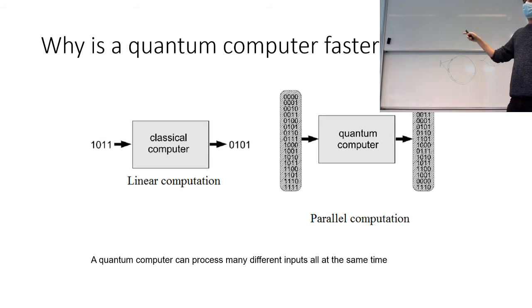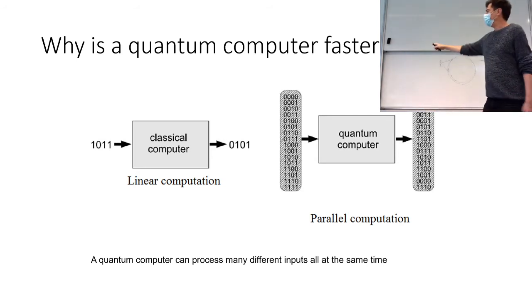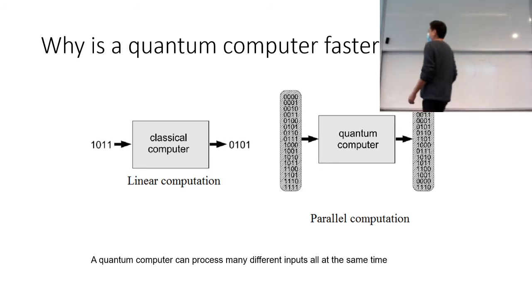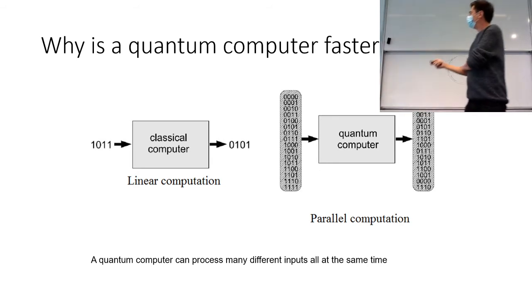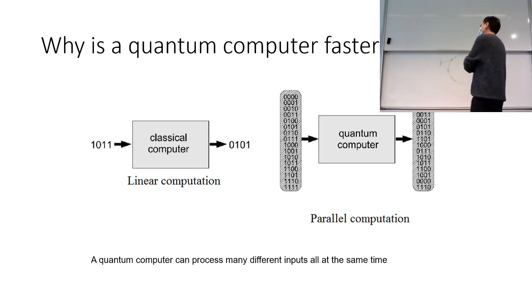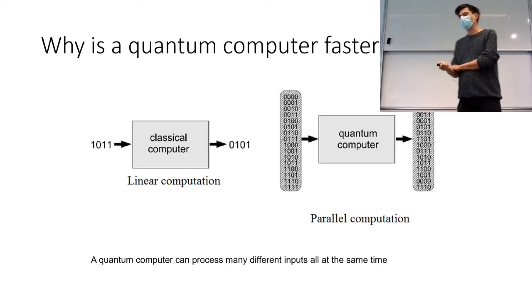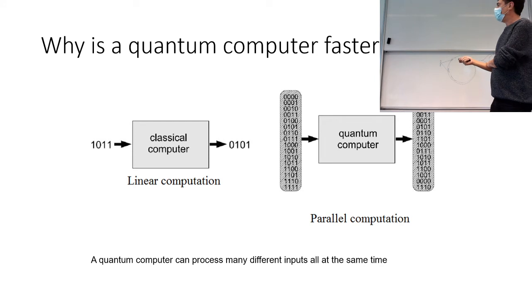This is a hand-waving, plausible explanation of why quantum computers might be faster, but it's not actually a recipe for how to make them faster, because doing that doesn't work. But we will talk about actual algorithms that do run faster, and then you can see exactly why they should be faster.